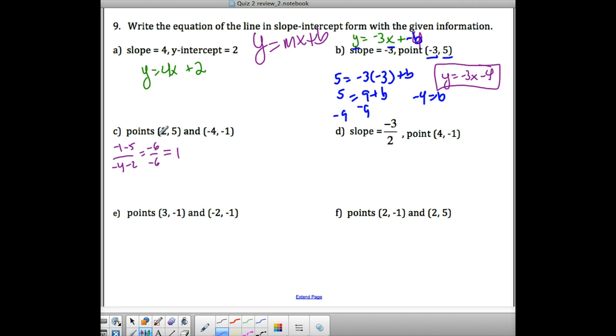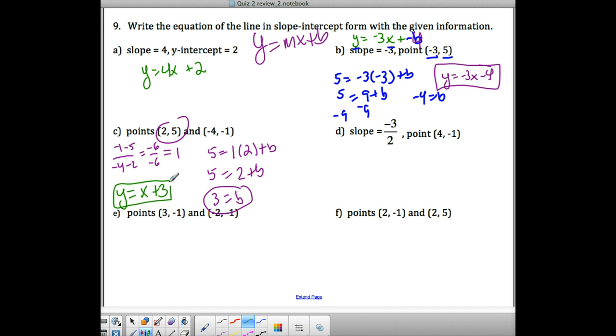Here I'm going to use the positive values because it's easier for my brain to handle. y is 5 equals the slope, which is 1, times my x value, 2, plus b. So I have 5 equals 2 plus b, so 3 equals b. So my equation is y equals the slope, which is 1, times x plus 3. If it's times 1, you don't actually have to write it.